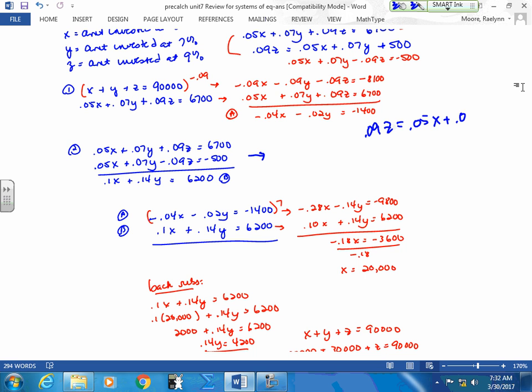This is the equation we found, our last equation, right? But I need everything to be lined up X, Y, and Z. So I subtracted the 0.09Z here, and I subtracted this 500 here, so it became negative 500 is equal to 0.05X plus 0.07Y minus 0.09Z. Yes, so you need them lined up in the same order.